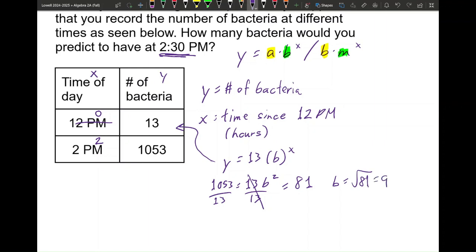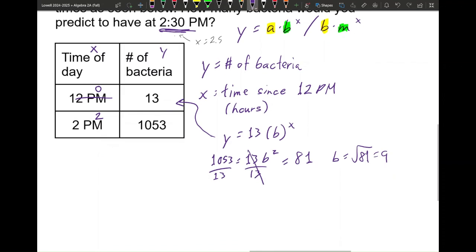Now, plugging in 2:30 is really saying that x is equal to 2.5 hours since 12. So now I have y equals 13 times 9 to the 2.5, and I don't have a calculator for this problem, at least that was the intention.